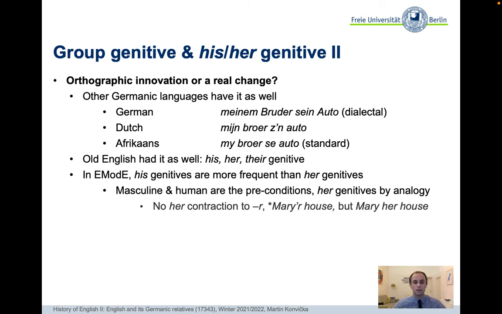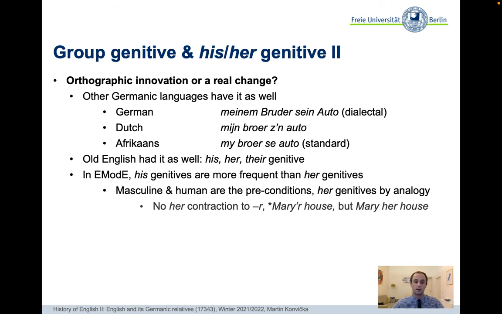In early modern English, we see that his genitives are more frequent than her genitives, but that's probably because there is no contraction of her to 'er, as there is from his to 's, right?